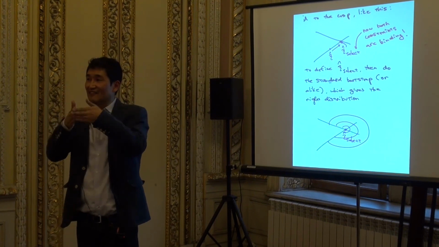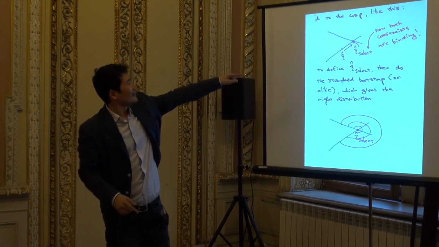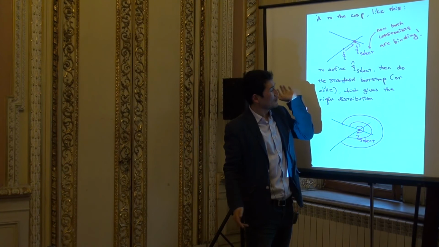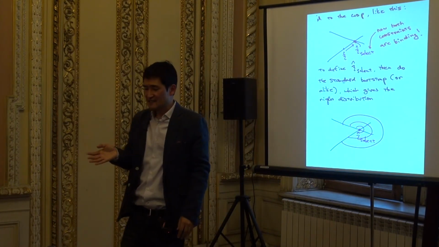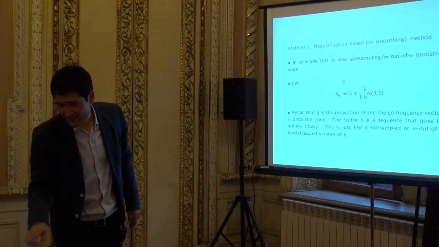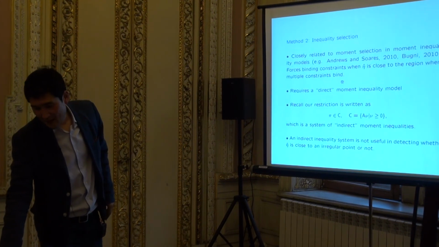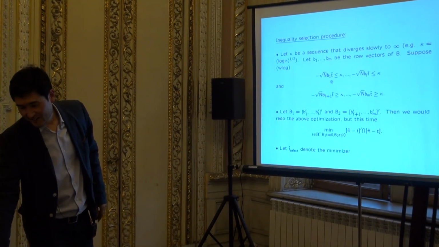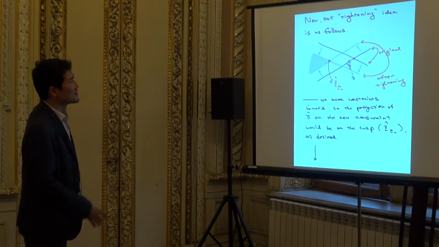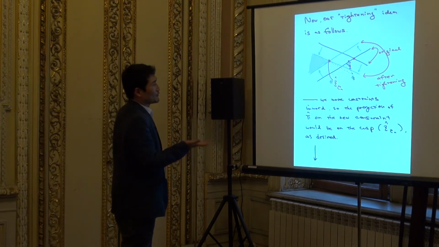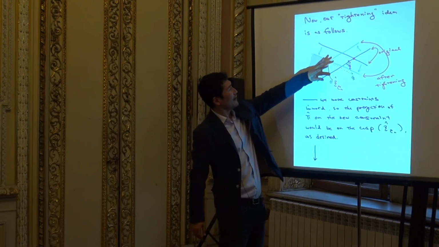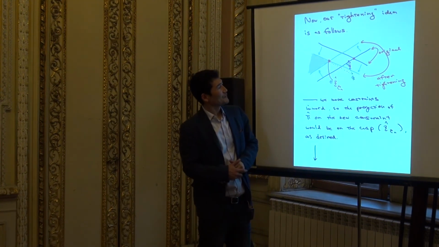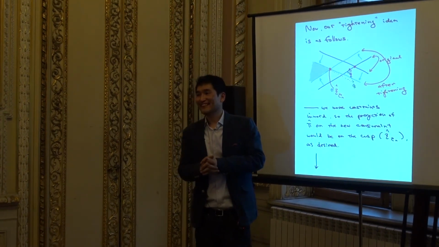If I could calculate exactly where the cusps of the cone are, it would be very easy given the current literature, but we can't do it. So the upshot is you have to do something else, which we are calling a tightening trick, and so we just tighten stuff and it works out.